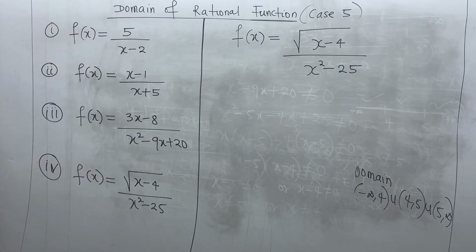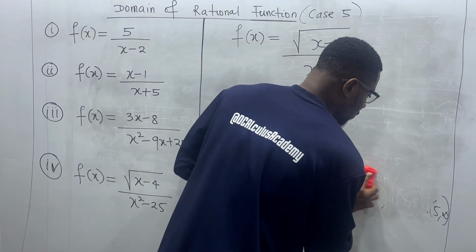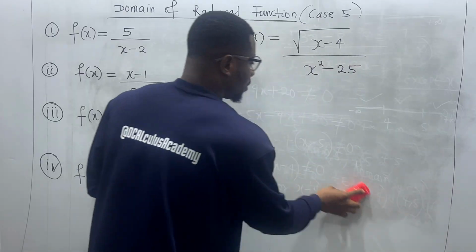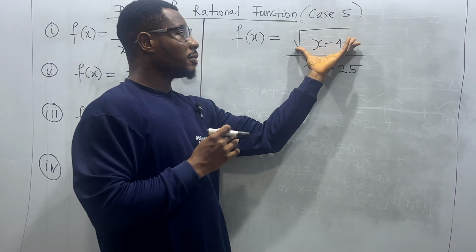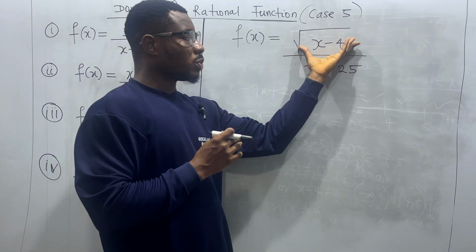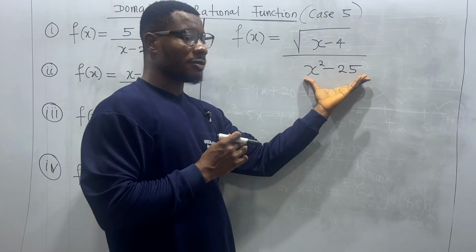Now, something you have to understand here is that this type of rational function is quite different. You can see very clearly that at the top here we have a square root, and at the bottom here we have a quadratic function.